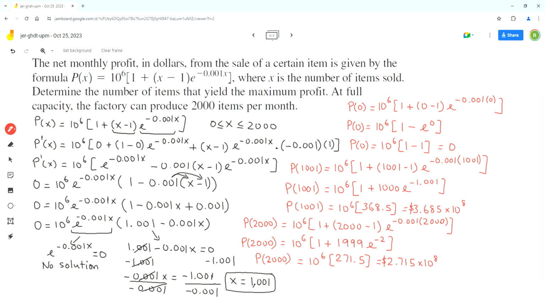So we can say out of the three values we got for profit, the maximum profit was obtained for x equals 1001. So that means our final answer should be, so 1001 items yield maximum profit.